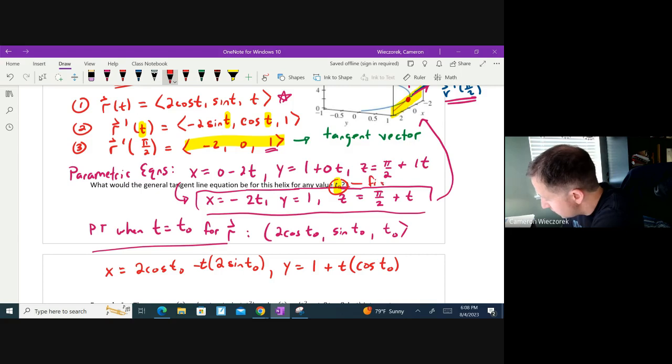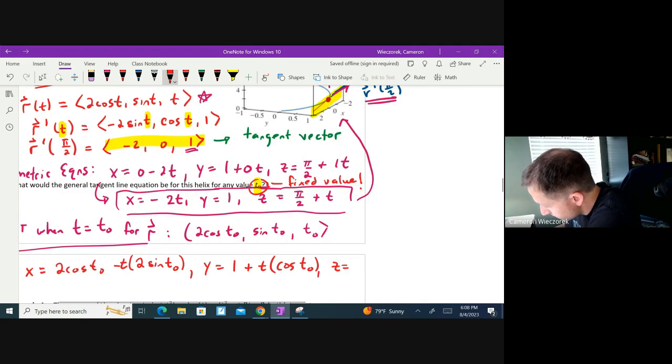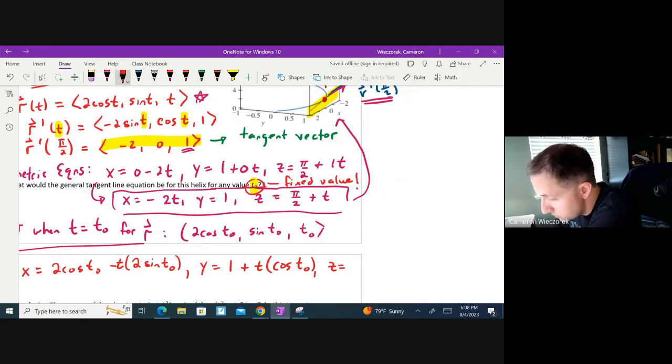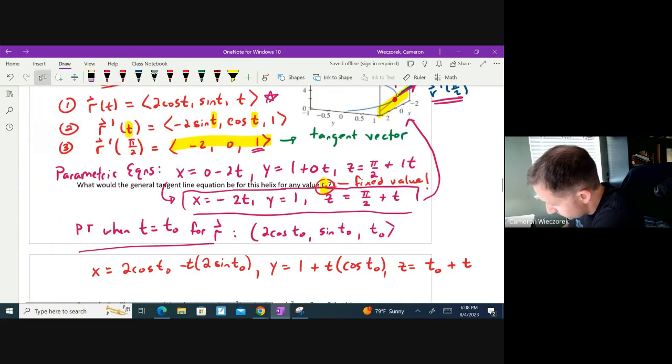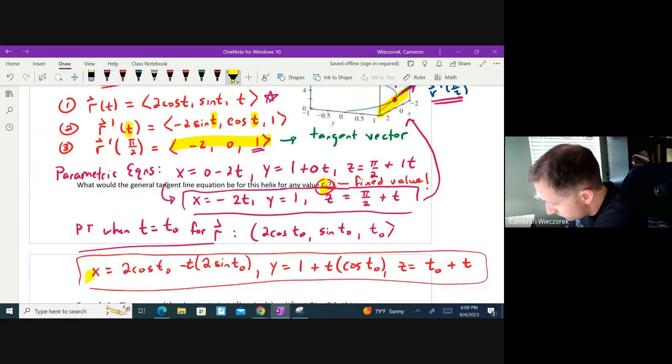And then z, z is equal to t naught, and our direction was 1, so still just adding t times 1. So that would be a general expression for the tangent line at any point t naught.